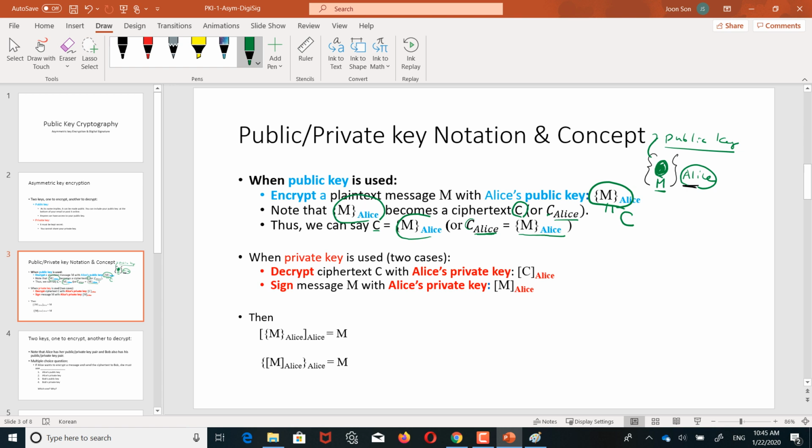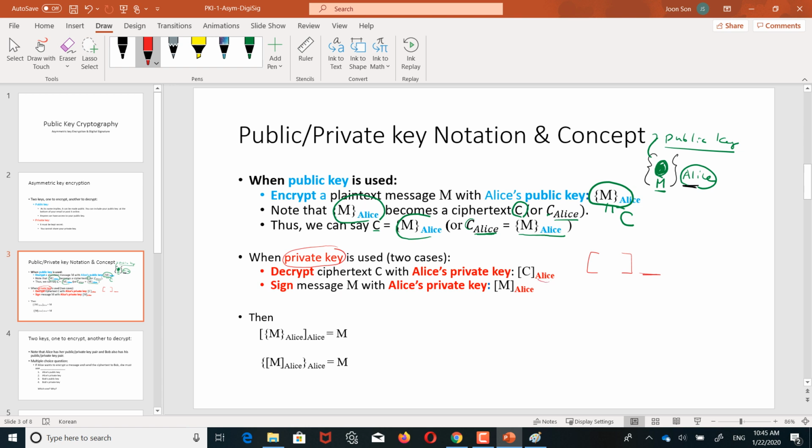And when the private key is used, there are two different cases. Decrypt the ciphertext C with Alice's private key. Whenever you use this square bracket, and then you put some name, either Alice or Bob, that means the private key is used.